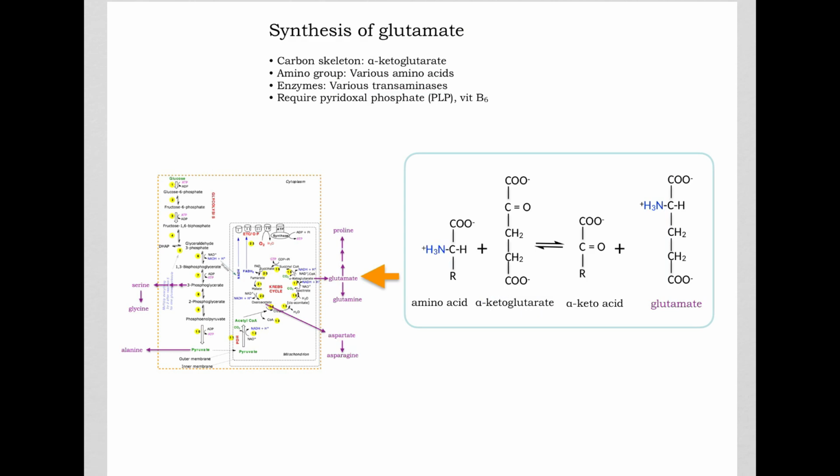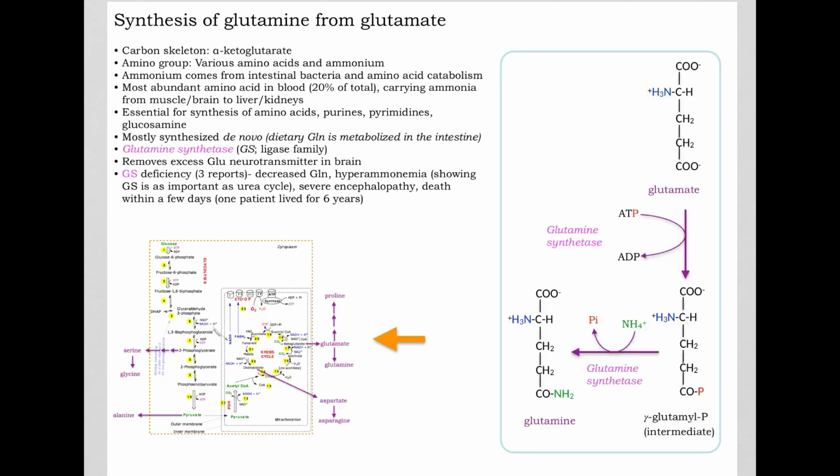Once again, the amine group comes from an amino acid and is transferred to the alpha keto acid. The alpha keto acid will become the new amino acid, while the amino acid will become an alpha keto acid. So this is a transamination reaction catalyzed by transaminases, and they require pyridoxal phosphate.